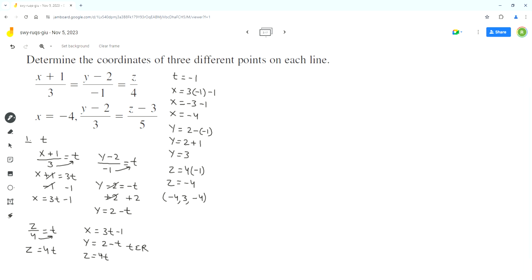Now we can find the second point on this line, and for that we can use t equals 0. So let's start with the x equation. I get x equals -1.